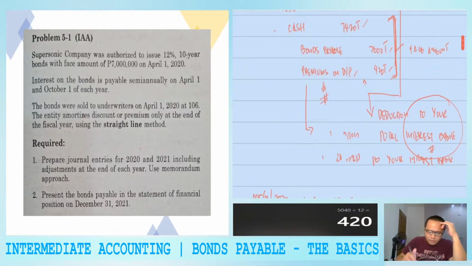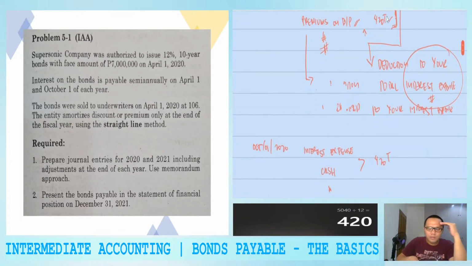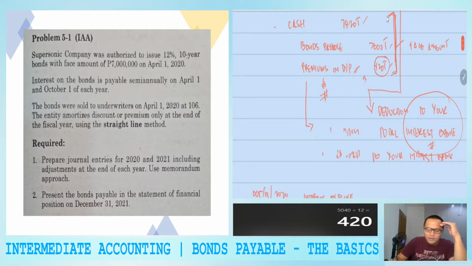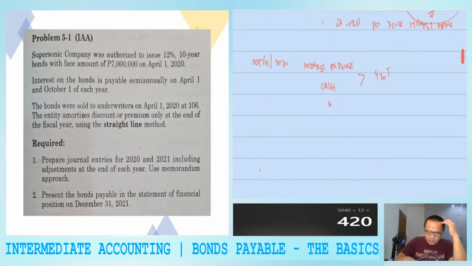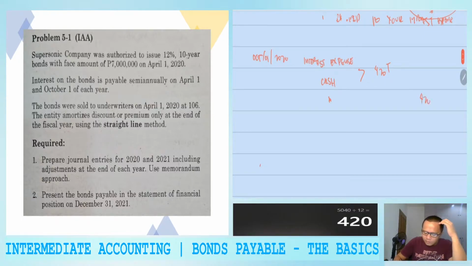The amortization of our premiums. As noted, straight line method daw. So, medyo madali lang. Straight line method based on the term of the bond, which in this case is 10 years. So the annual amortization of your premiums in this particular case, we have 420 divided by 10.